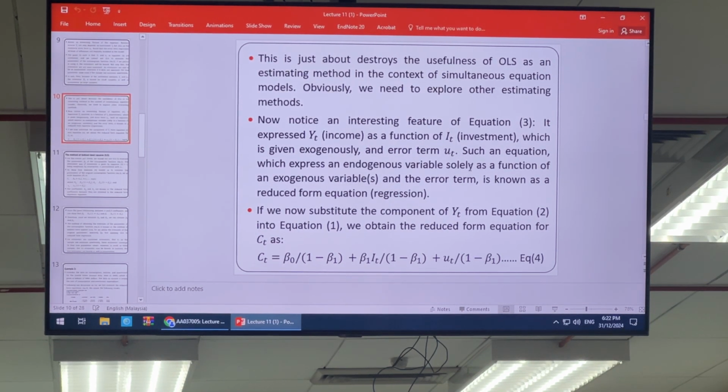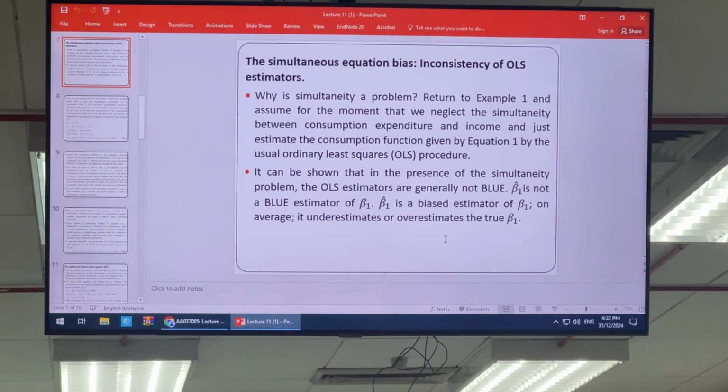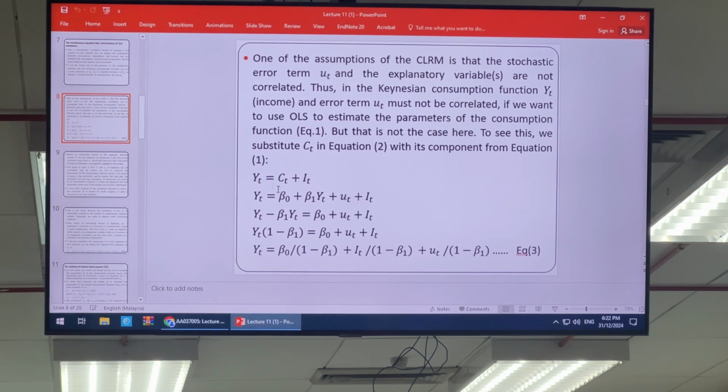So again, such an equation, which expresses an endogenous variable solely as a function of an exogenous variable and the error term, is known as a reduced form equation or regression. If we now substitute the component of yt from equation 2 into equation 1, then we have another reduced form. Just now we replaced equation 1 into equation 2, so we get this.